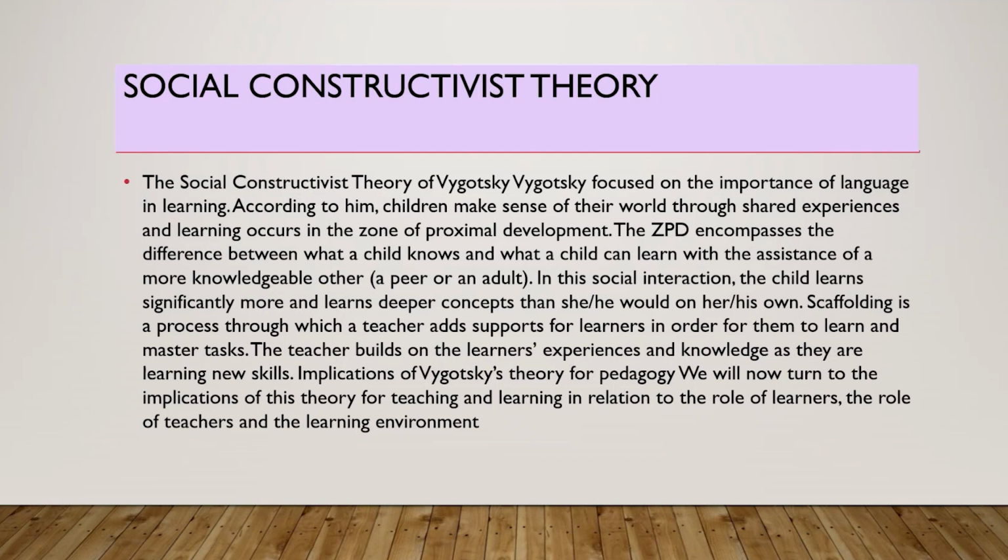The ZPD encompasses the difference between what a child knows and what a child can learn with the assistance of a more knowledgeable person such as a parent, a peer, or a teacher. In this social interaction, children learn significantly more and learn deeper concepts than she or he would on his own.